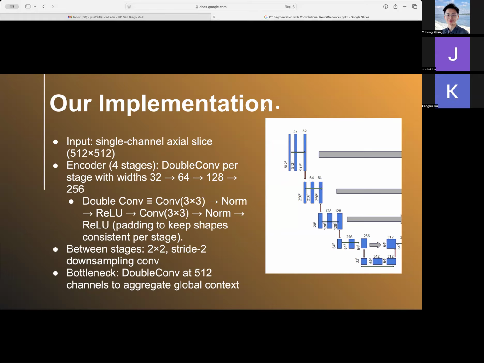The double conv component is composed of two convolutional layers, two normalizations, and two ReLUs, and we downsample using a 2x2 convolution layer with a stride of two. And then at the bottleneck, it reaches 512 channels.